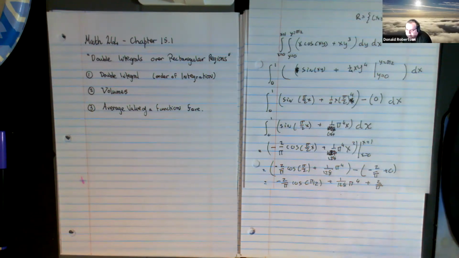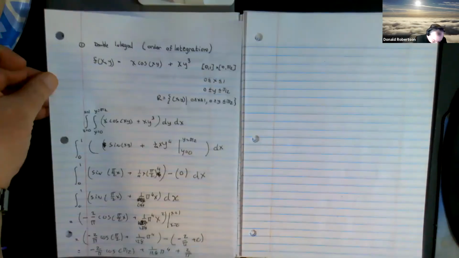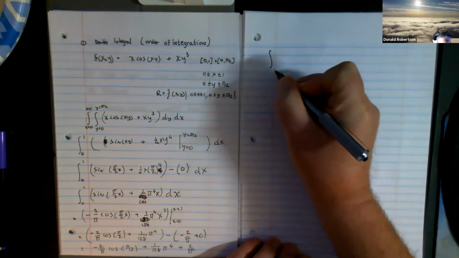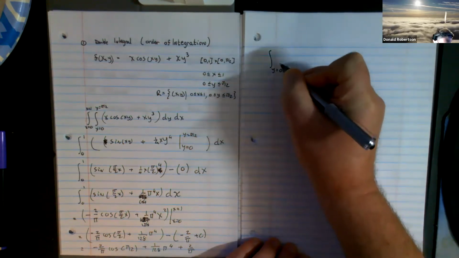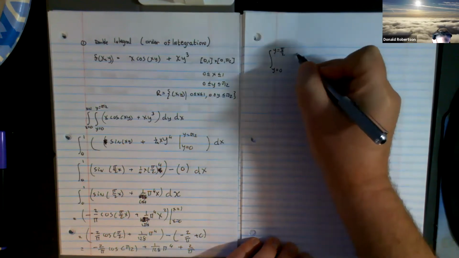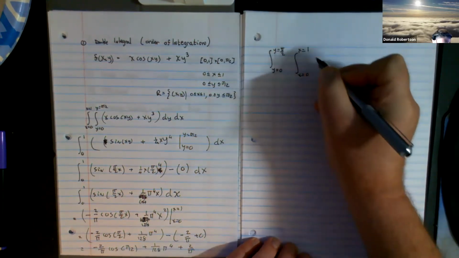Now, it might end up being that that's the only order that works. Or it might be that the other order was a lot easier to do. Right. So let's find out. I'm going to do the integral y equals 0 to pi upon 2, and then x equals 0 to x equals 1.